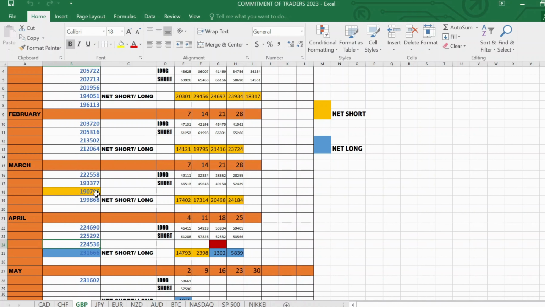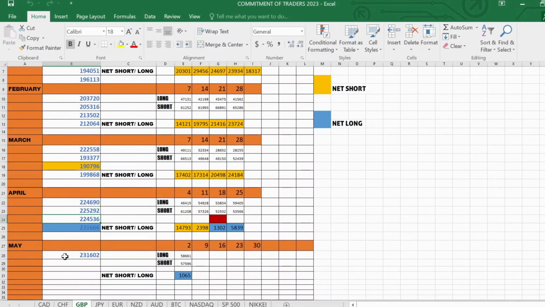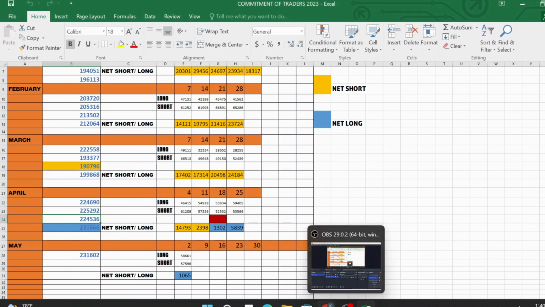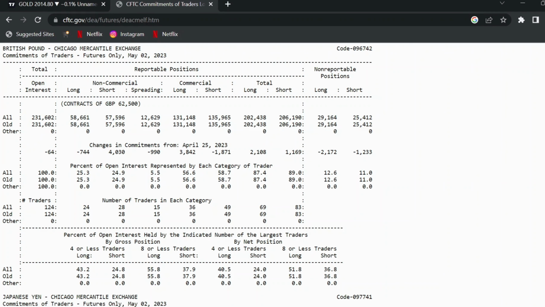It was at 190,000. The highest we had was in April at 231,000. The latest report, that is last week's report, we had a volume of 231,602. And this is the volume that is in my report.